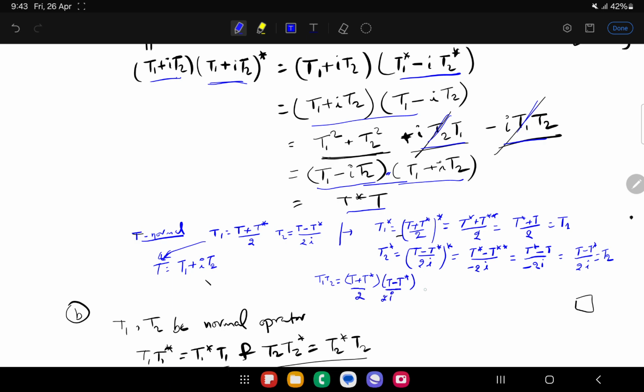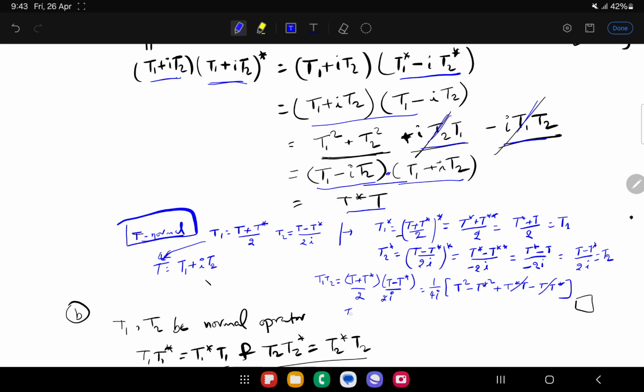Take 1 upon 4i common so that we can calculate what is inside: t square minus t star square plus t star t minus t t star. But because t is normal, these two will cancel out because one is plus and the other is minus.